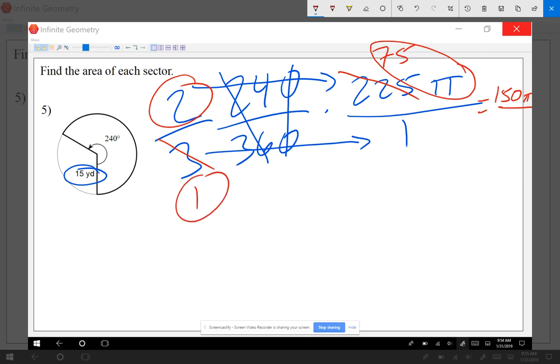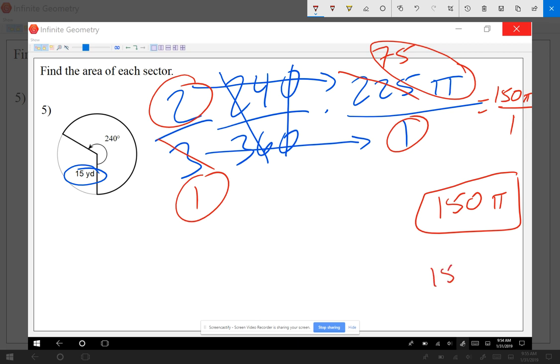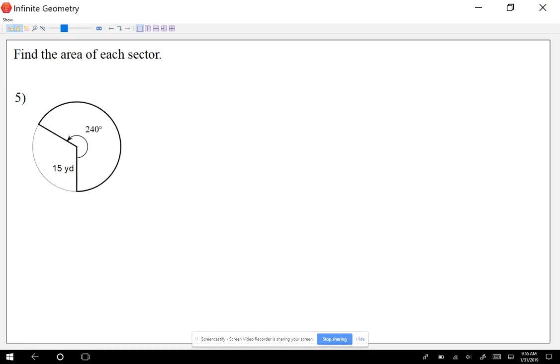At the bottom, I have 1 times 1. Now my fraction, 150 over 1, that can just be called 150 pi. Right? Some fractions sometimes will round out to a whole number. Sometimes they don't. Sometimes they simplify the fraction. Now, the way I will write it is 150 pi. Some of your answers will be rounded to a whole number. Some others will not.